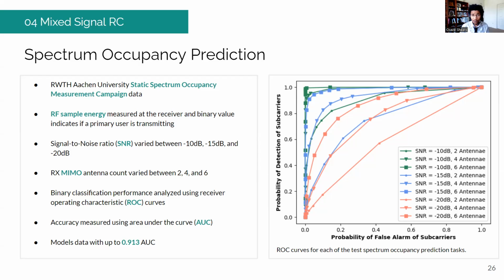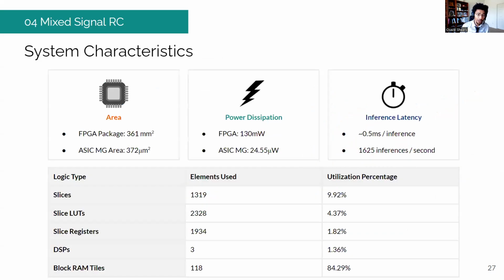So 1 is the ideal AUC, because that means that it was able to predict it across different thresholds. And so for the best case in this scenario with 10 dB noise, which is the lowest noise tested, and the 6 antenna configuration, the model was able to predict this information with an AUC of 0.913. So that was what we used to validate the actual hardware model and verify that it was actually able to perform the spectrum occupancy prediction well.